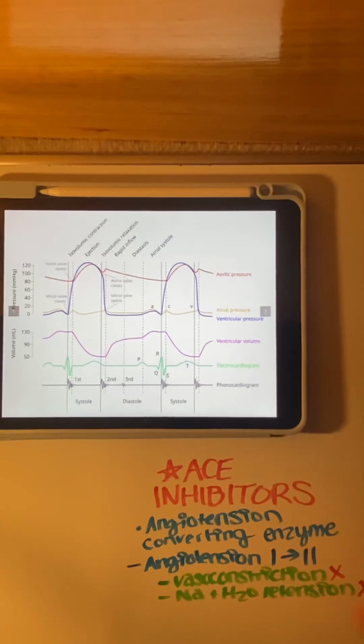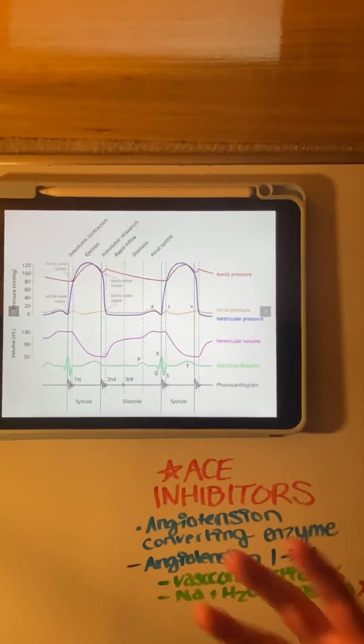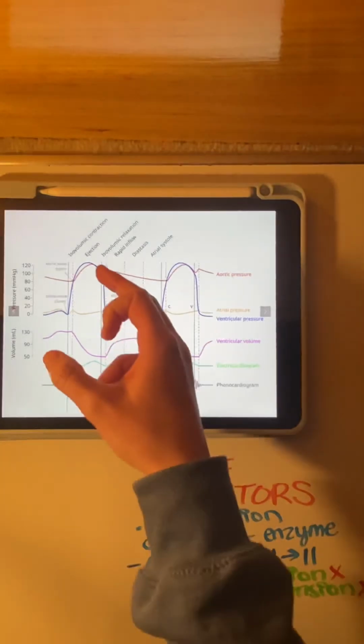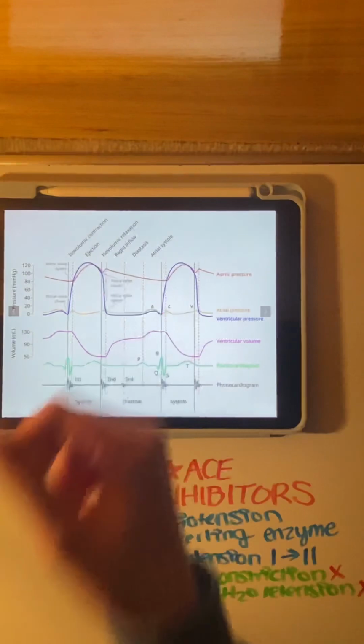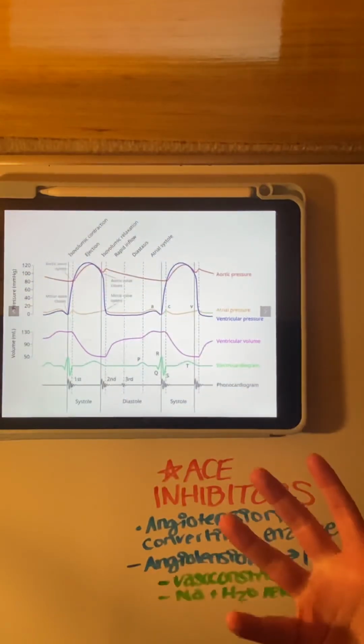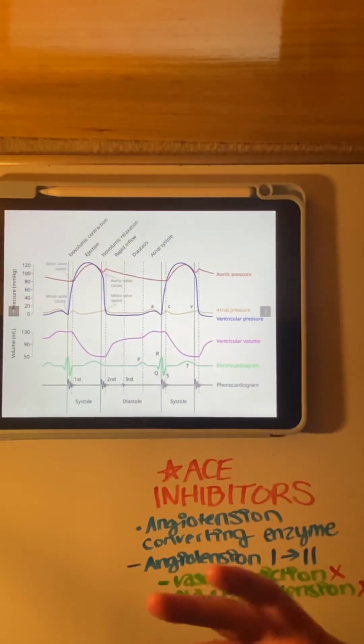So if we block the vasoconstriction, we block sodium and water retention, we can lower some of the blood pressure, which can help lower this aortic line a little bit more and help deal with afterload a little bit more.